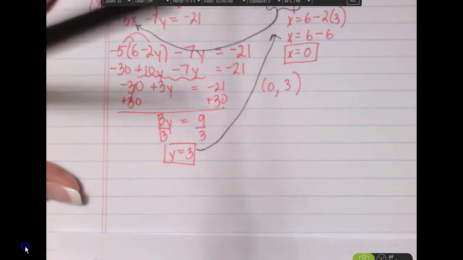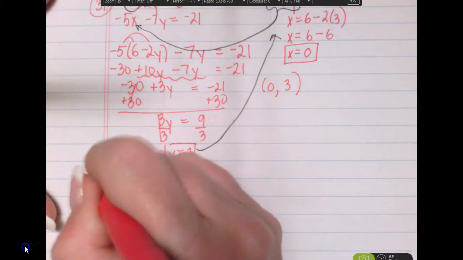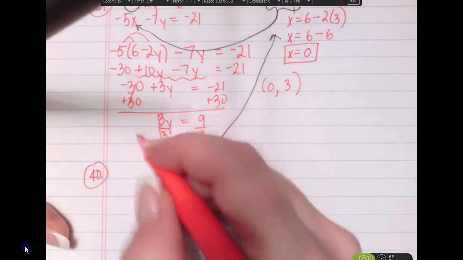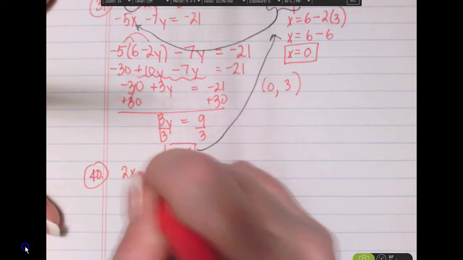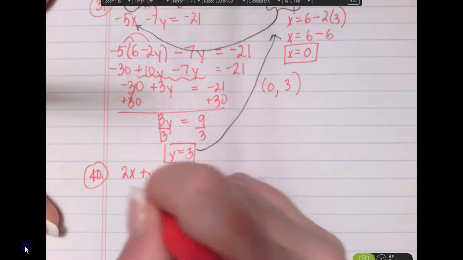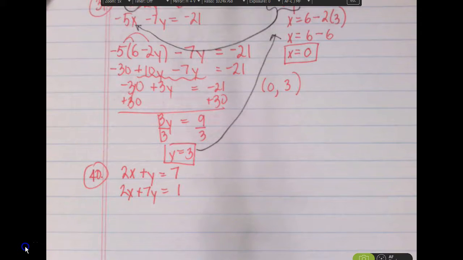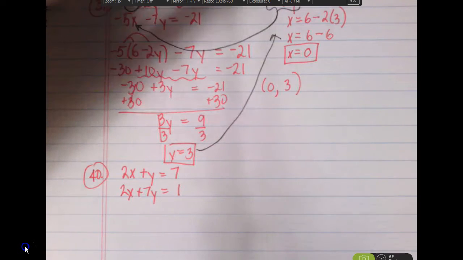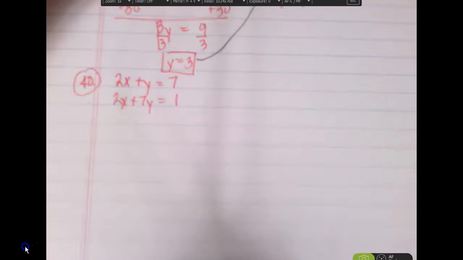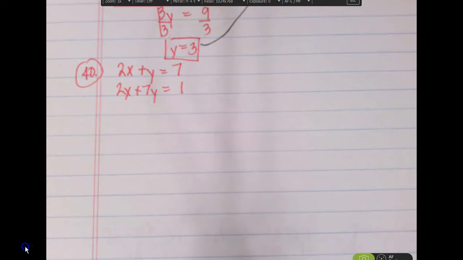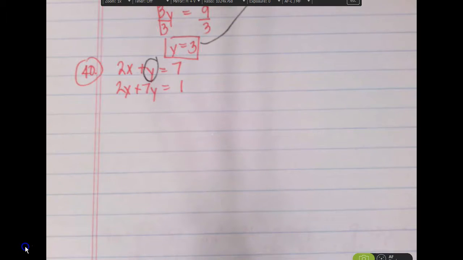Let's go ahead and do number 40 on this same paper. These problems take up a lot of room, but we can't let that bother us. 2x plus y equals 7. 2x plus 7y equals 1. So this time I see that the best variable to solve for would be this y right here.